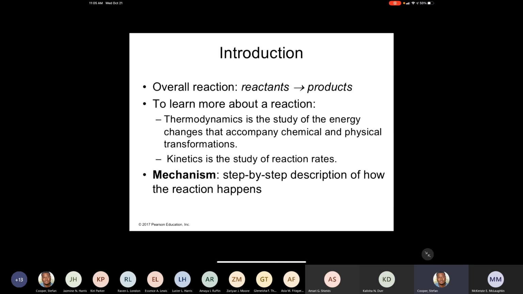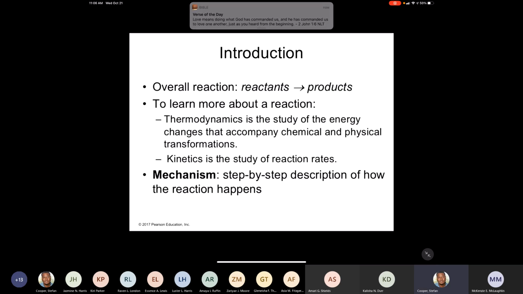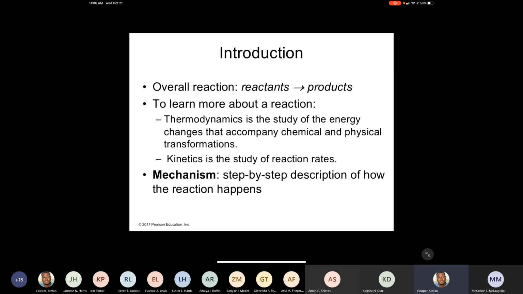That theme carries over in organic chemistry. That means everything on the left-hand side had to be a reactant. So reactants are converted into products. I'm going to give you a reactant and some reagents, and you're going to draw a product. Or I might give you a product and tell you to work back to a reactant. That's the whole basics of what we're trying to do here with organic chemistry.